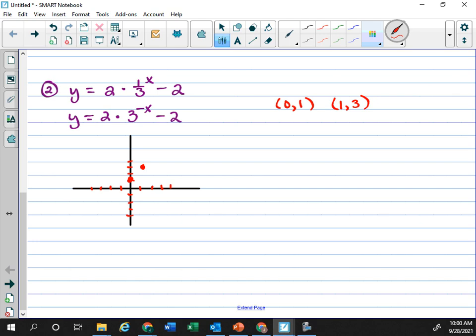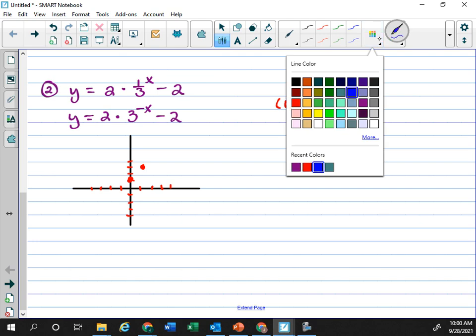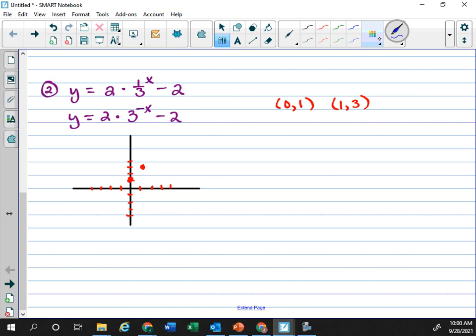All right, so we've got a couple of multiplying things to deal with here. So the 2 out in front, what does that do? Vertical stretch by 2. Okay, vertical stretch by 2, good. And then what about the negative in with the x?